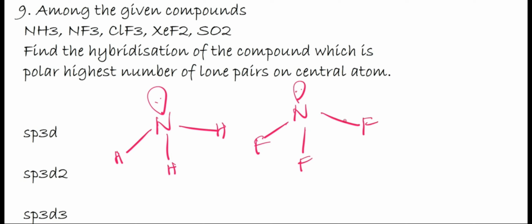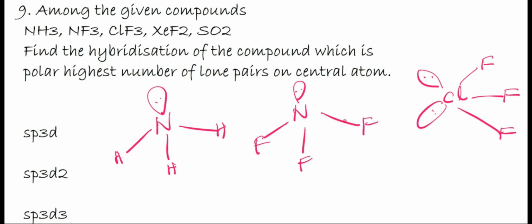Then ClF3. ClF3 will have a bent T shape, right? So that will have 2 lone pairs as well. Then XeF2. It is linear, but still it has lone pairs. How many lone pairs? 3 lone pairs in the structure.